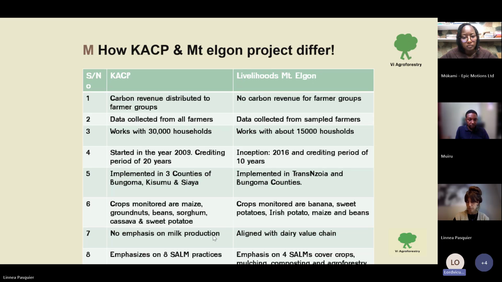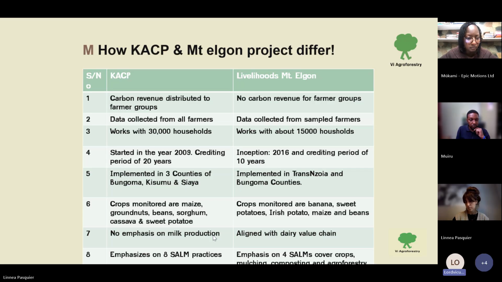The number may fluctuate because sometimes some farmers are not found around when we are collecting data, but the figure we have in our system is 30,300 farmers. But for Livelihoods, they have 15,000 households, almost half of the number we have under KACP.